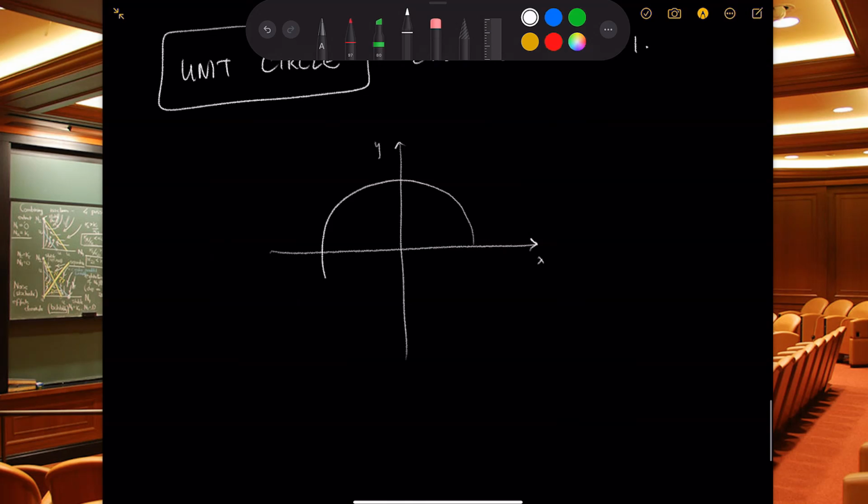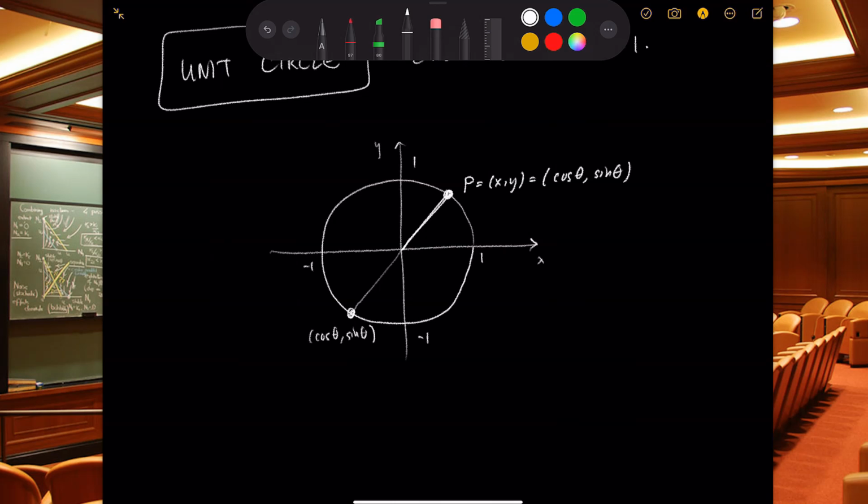So let's draw this one last one. We'll label it really good. So here's 1, -1. And again, here's a point x, y, which we know has the coordinates cos theta, sine theta at any point. Where's theta? We didn't label that yet.